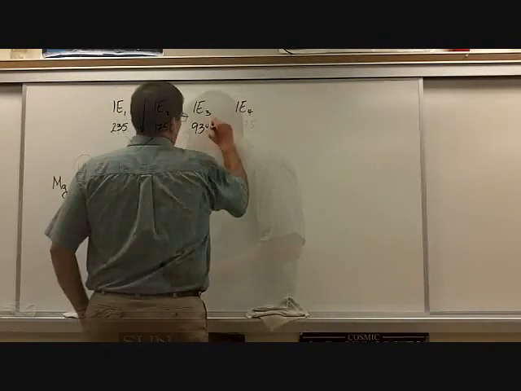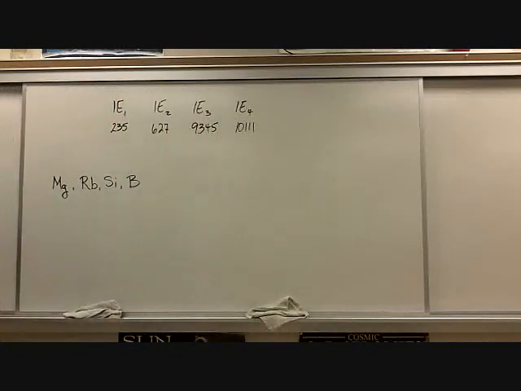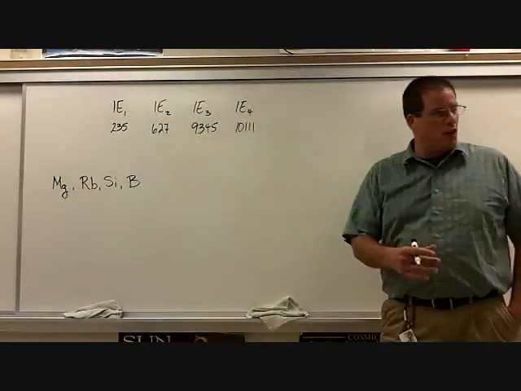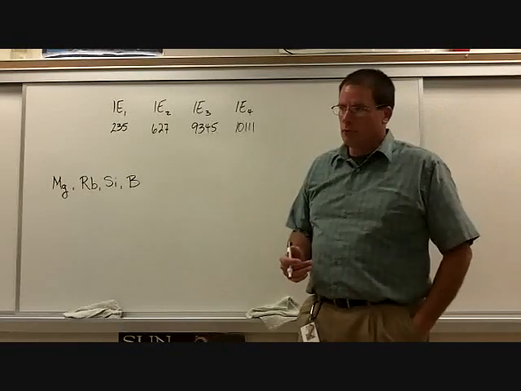You want to do one more? Okay. Which element? Second one. Third one. Identify. Rubidium? Barium? All right, well, before we start arguing about the element, how many are easy to remove? 2.